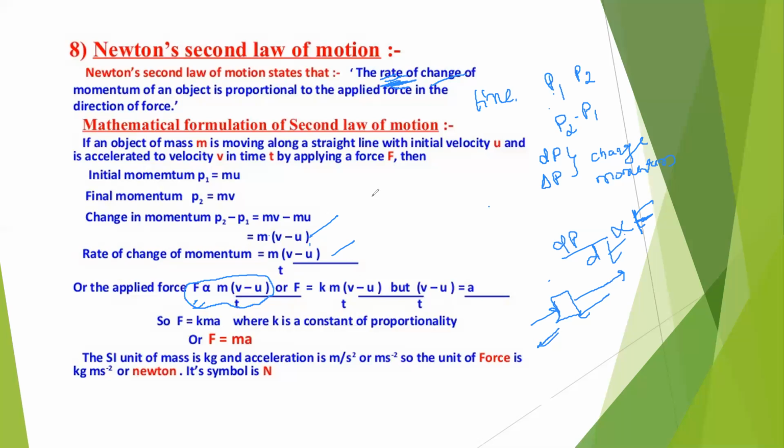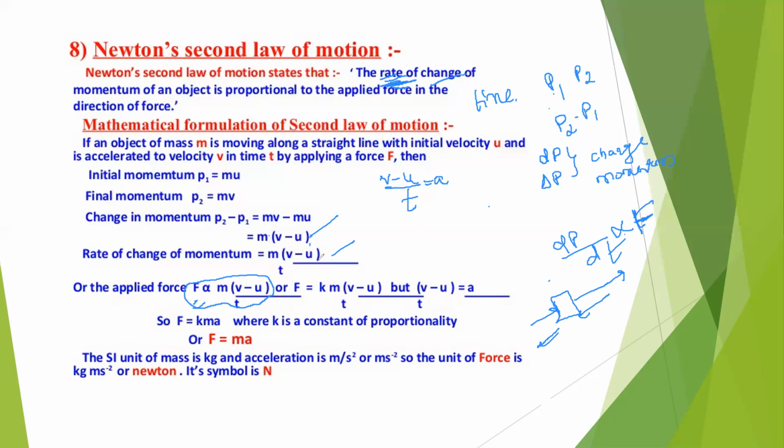But here, students, what is the rate of change of velocity? In the last chapter we have seen, the rate of change of velocity is called acceleration a. That is, change in velocity, final velocity minus initial velocity, divided by time. So v minus u divided by t is equal to a.